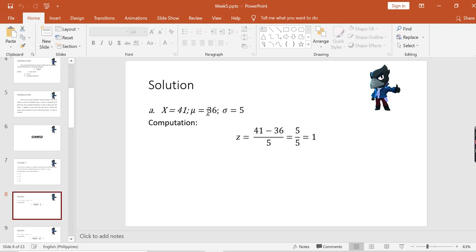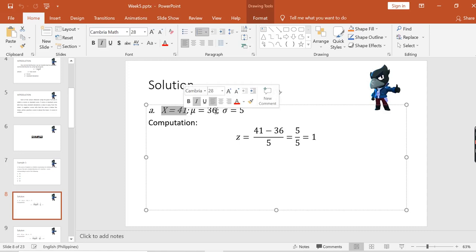It makes sense because 36 is in the middle, since that's the mean, and the standard deviation is 5. If you add 36 plus 5, that's 41. So in standard score, that is 1, meaning 41 is 1 unit away from our mean of 36.